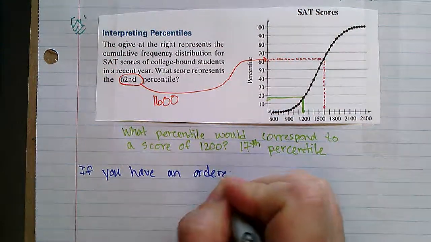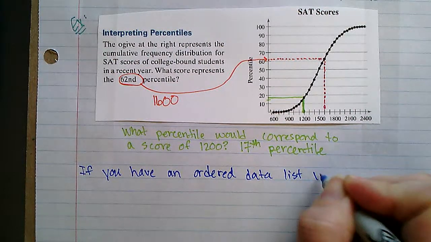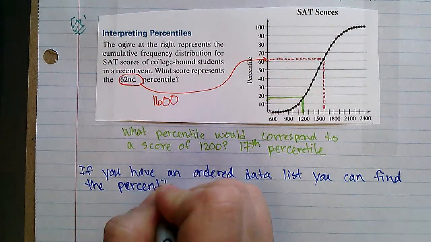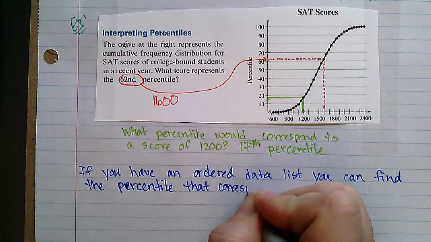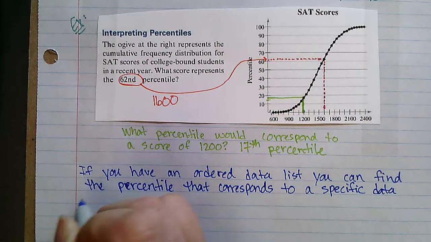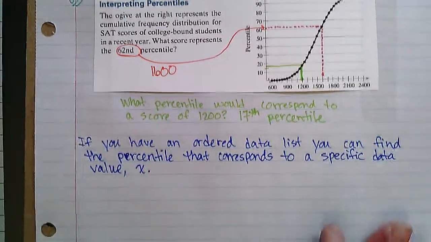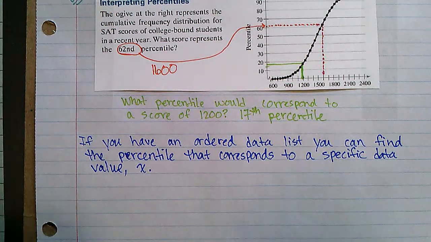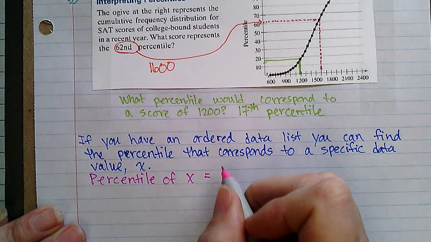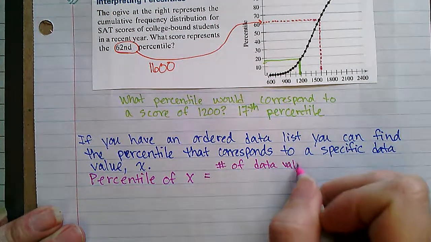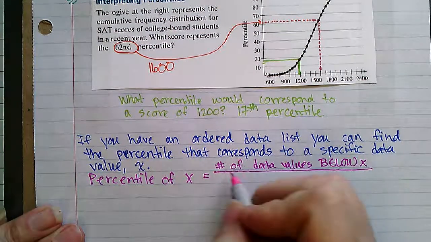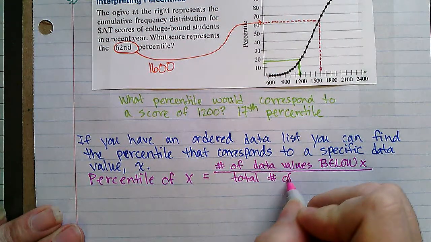If you have an ordered data set, data list, you can find the percentile that corresponds to a specific data value X. To do that, the percentile of X is equal to, we have to count the number of data values below X and then divide that by the total number of entries or the sample size.